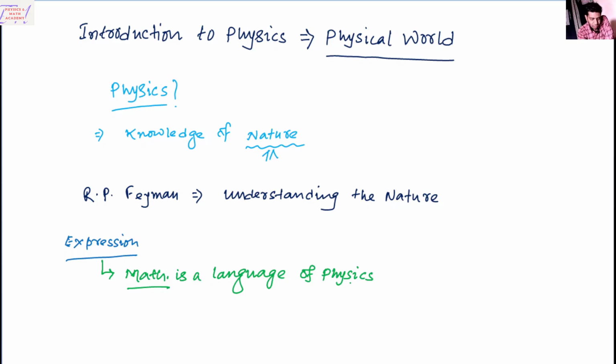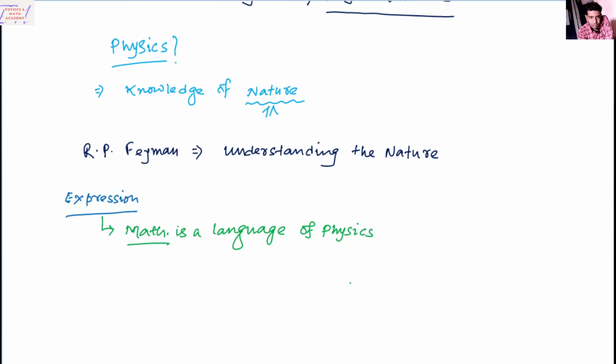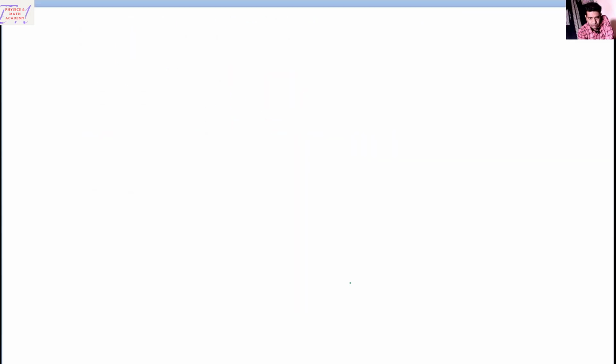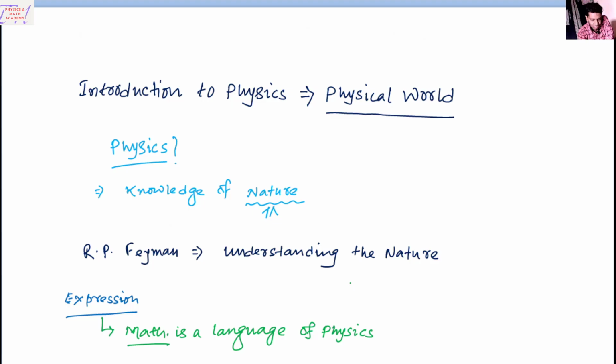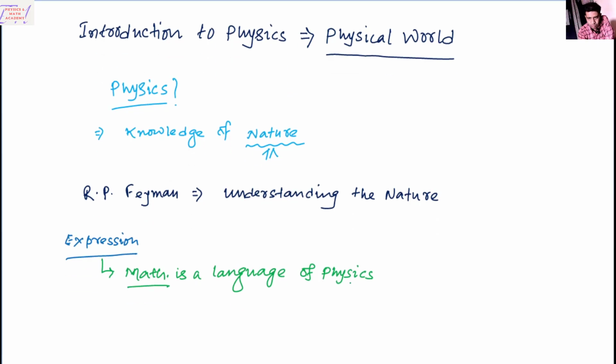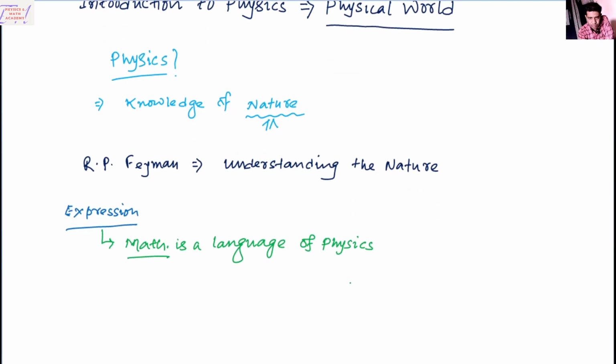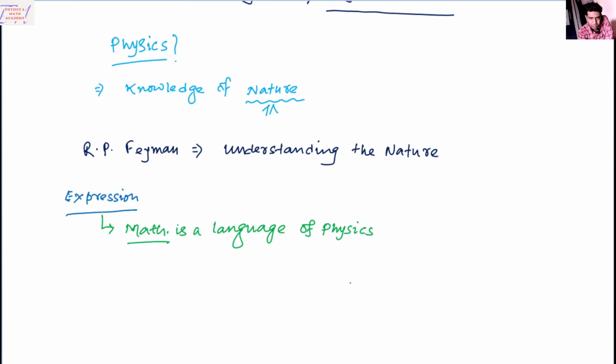So what are the steps in this way? Whenever you want to analyze or observe things, what are the steps? First, you can do a systematic observation.